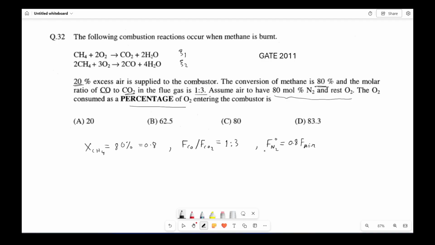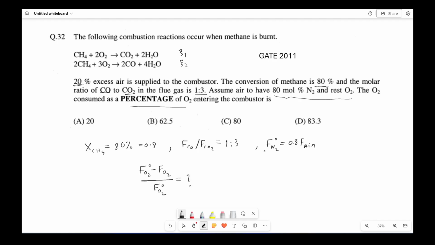Now our aim is to find the percentage of oxygen entering the combustor. Suppose FO2 naught is entering the system and FO2 is leaving the system, and the percentage will be over FO2 naught. So we have to find this value.